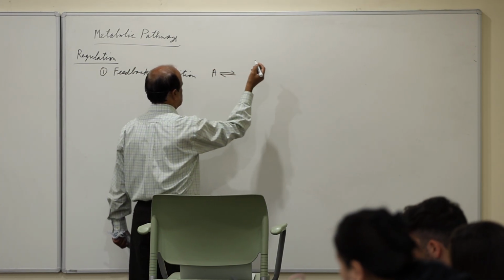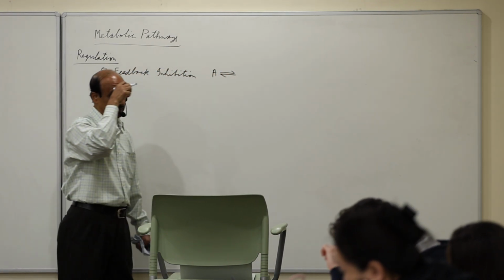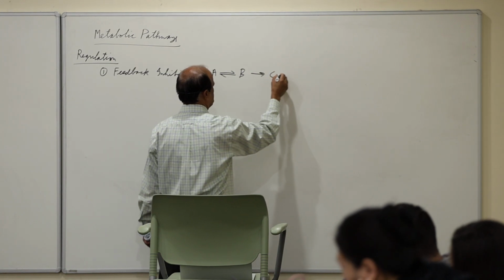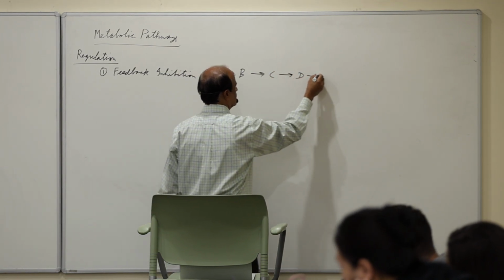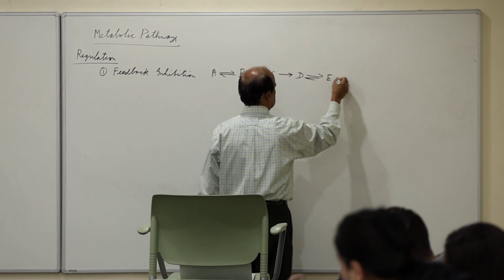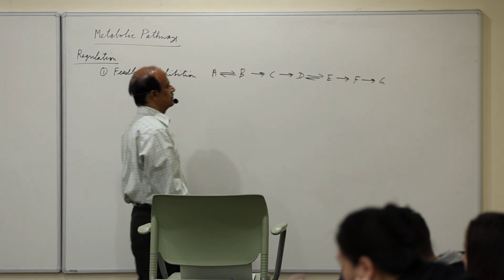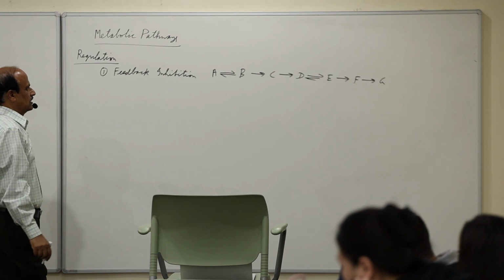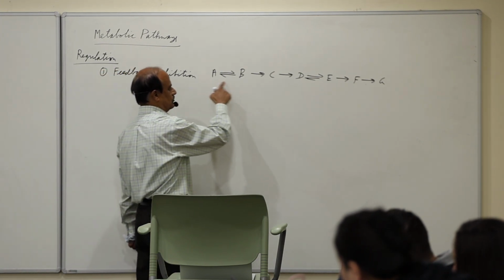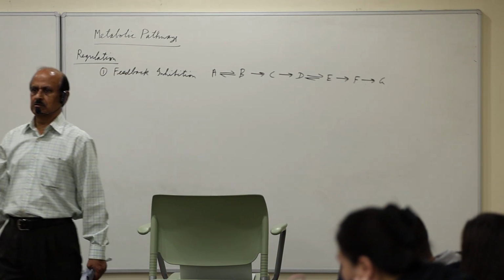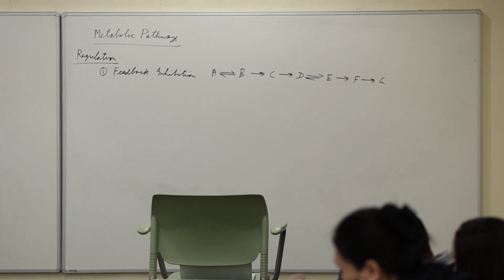you can make some of these. I'm just drawing arbitrary pathways, so some of them will be reversible, some will be irreversible. Like this. So the ultimate goal of this pathway is to make this G, the product. But remember, once again, I mentioned last class that pathways don't have a beginning or end.